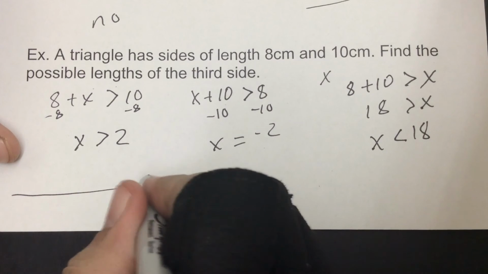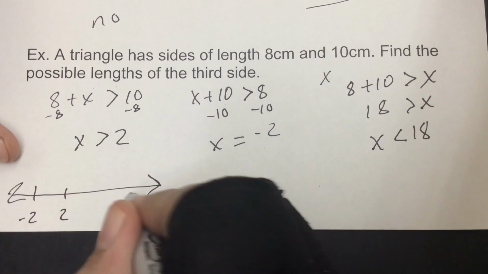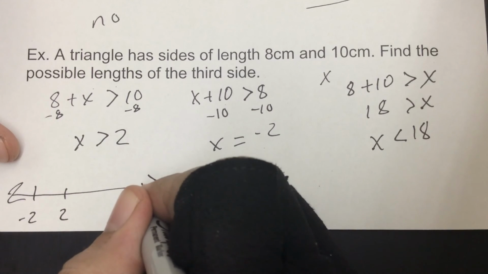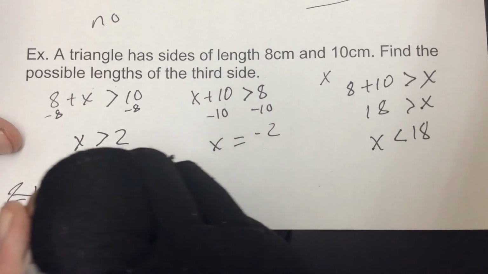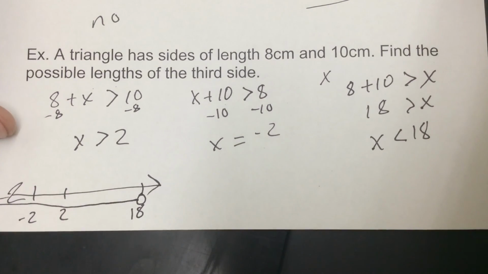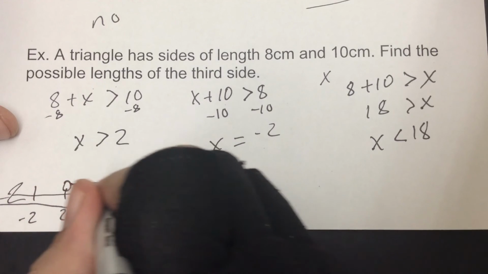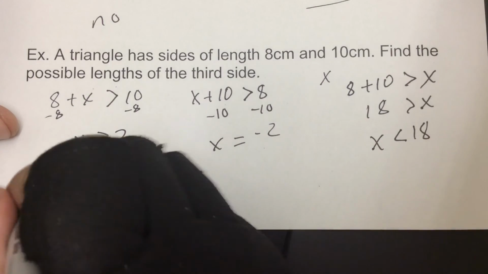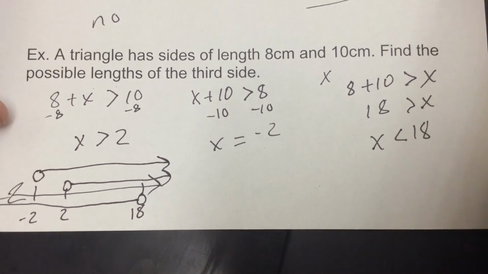If we looked at this on a number line, we'd be here at negative 2, at 2, and then at 18. My 18 would be an open circle, and it would cover everything to the left. My 2 would be an open circle, and it would cover everything to the right of that. Negative 2 would also be an open circle, and it would cover everything to the right of that as well.